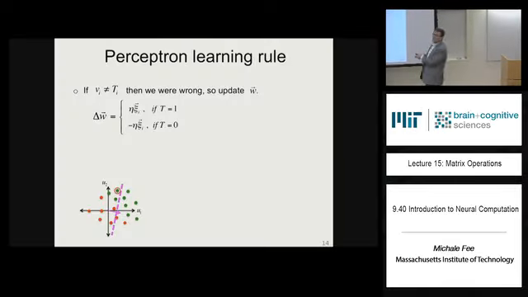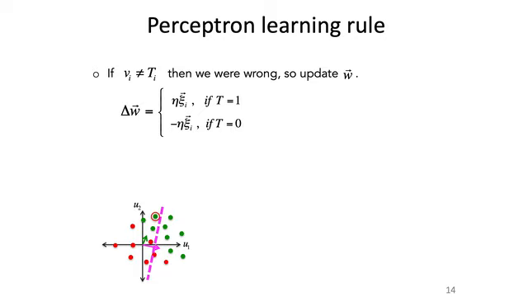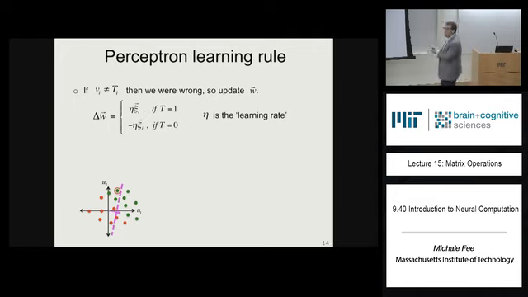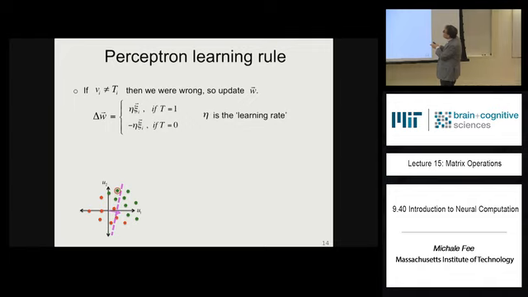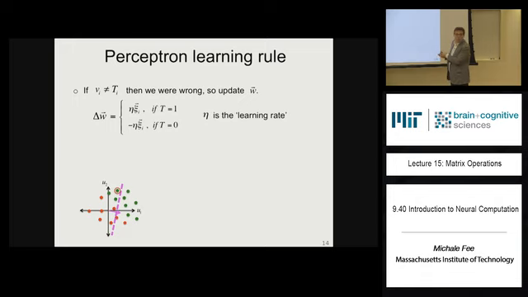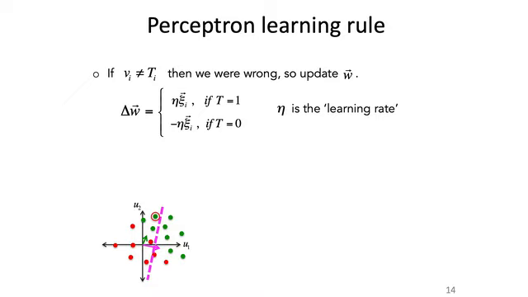The perceptron learning rule is very simple. We introduce a change in W that looks like this. It's a little change, so eta is a learning rate. Generally it's going to be smaller than 1. We put in a small change in W in the direction of the input that was wrong if the correct answer is a 1, and a small change to W in the opposite direction of that input if the correct answer was 0.